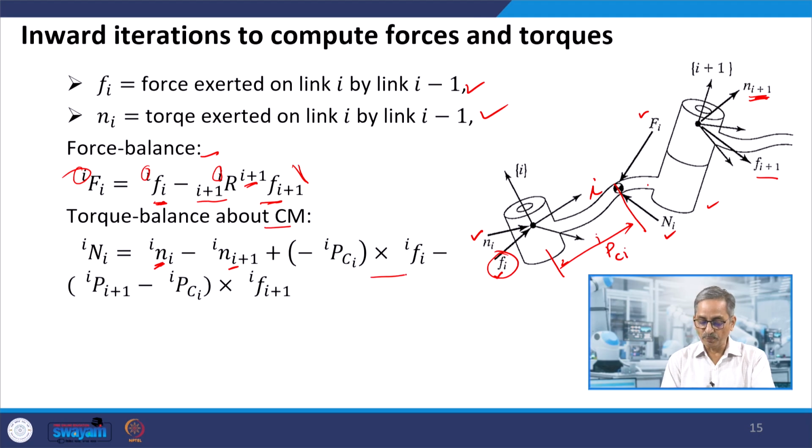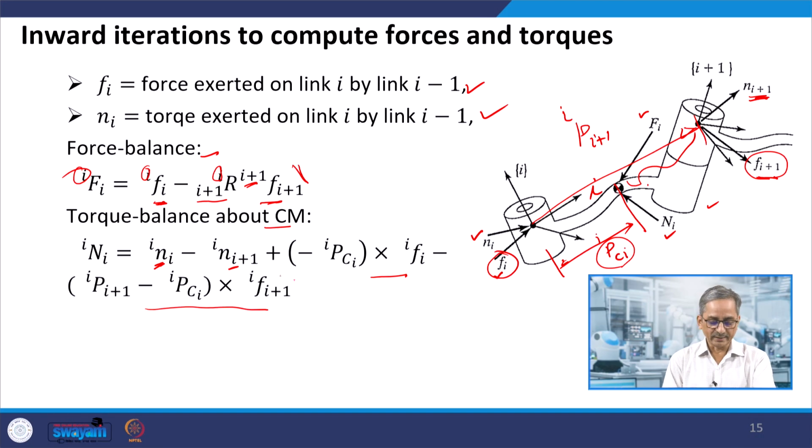Then the moment of this force is going to be, from this total which is your P(i+1)i with respect to i, from this one we can subtract this one. So, I will be getting this value, right. So, this is what is done over here.